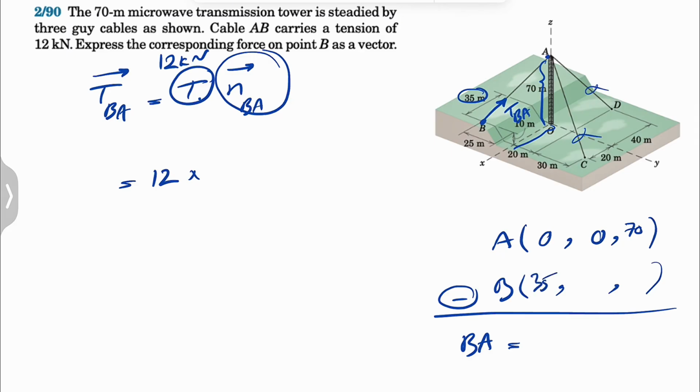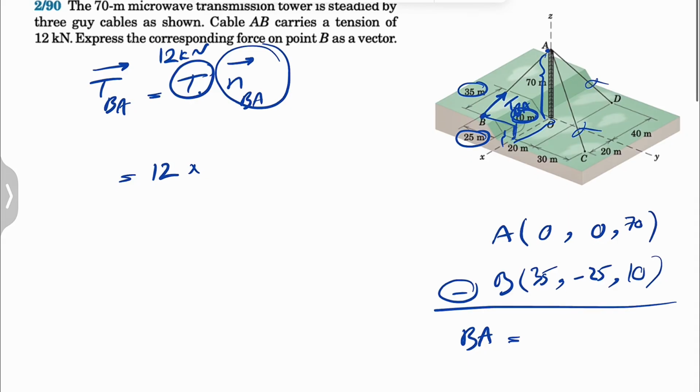Looking at the Y, we can see that we are on the negative side of the Y. We're going up 10 meter right above the x-axis, and we're going toward the negative direction of the y, and that would be 25, so negative 25. And our z would be this little height, which is 10 meter, and obviously it will be positive because it's on the positive side of z.